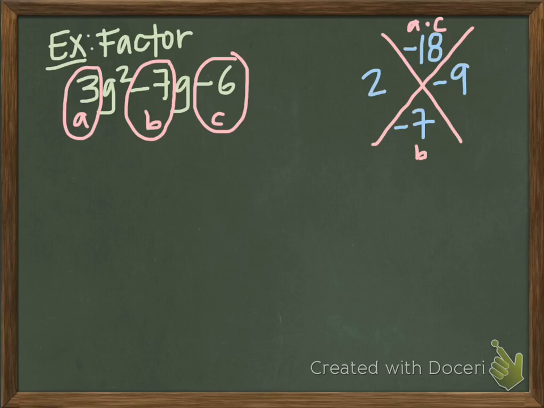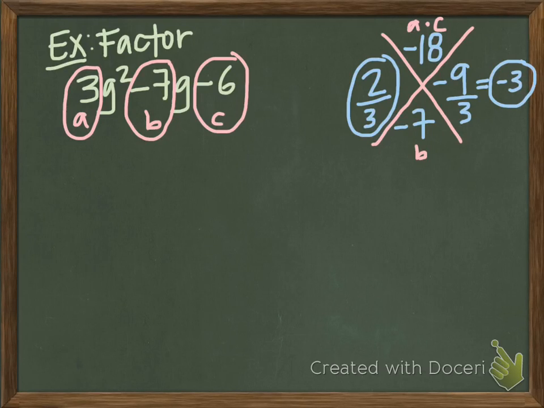Step 5, divide both by A. A is 3, so we're going to divide both of these by 3. 2/3 is already reduced. -9/3 reduces to -3. Now for step 6, I'm going to put both of my numbers in the binomials.